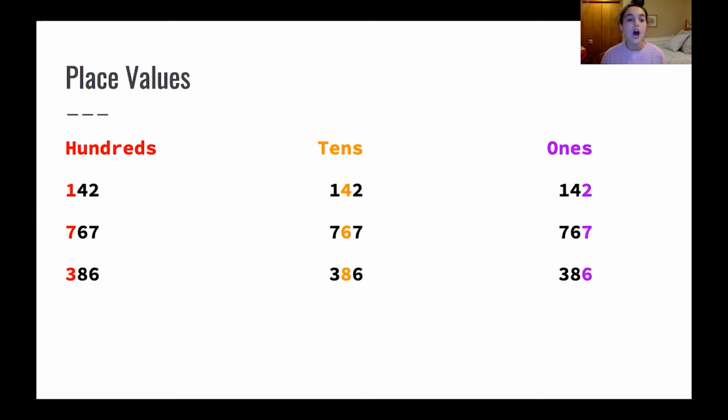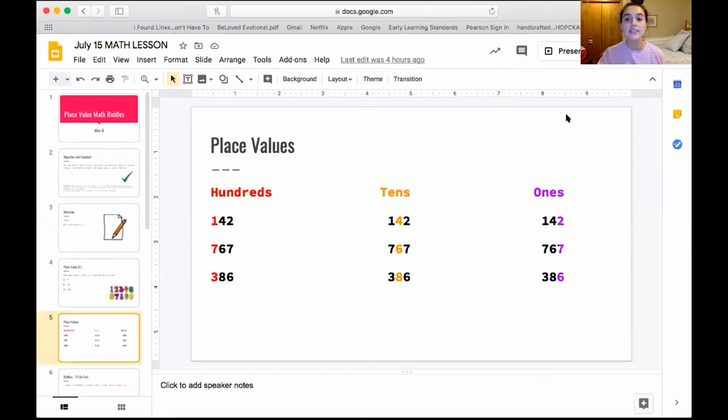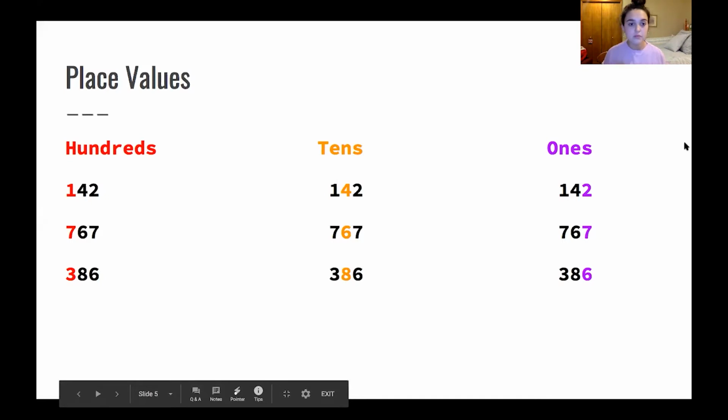Awesome. Awesome job, you guys. So that was just our first example. Let's go on to our second. I know you guys can already see where I have kind of colored it off, but I still want to go over it. So our number is 767. Okay, 767. And with that, let's go ahead and start at the hundreds.